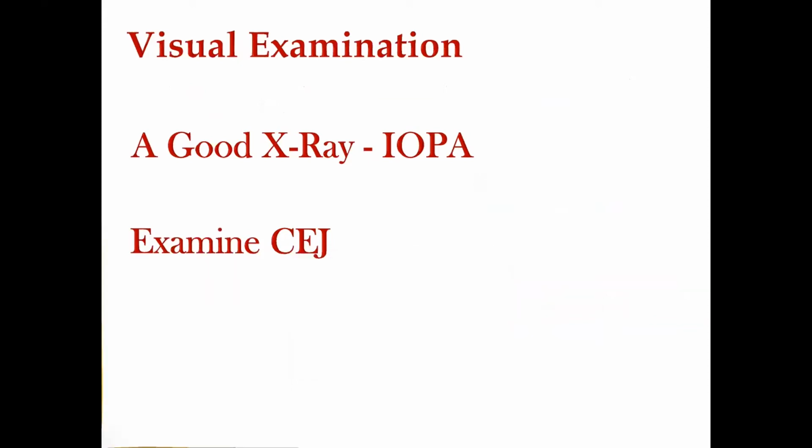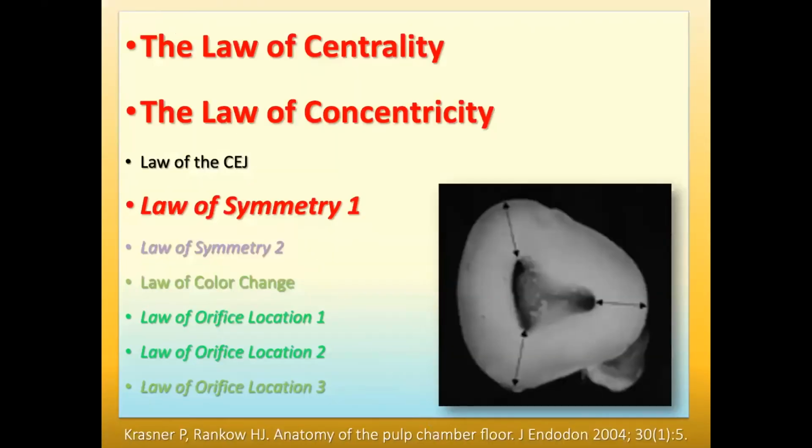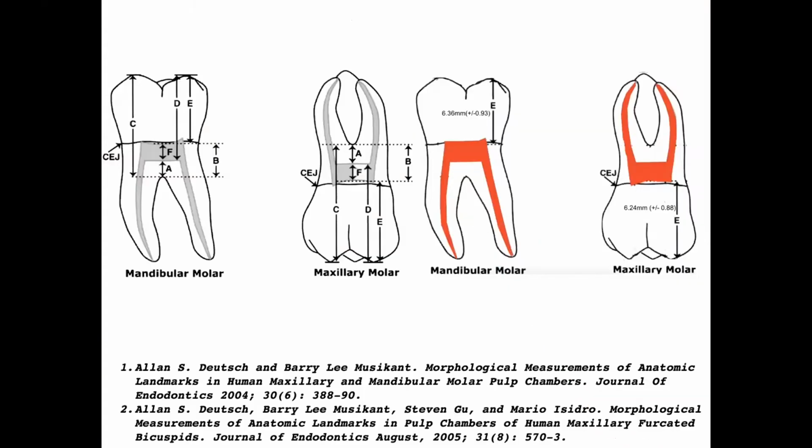This structure bound guide is going to follow a few of the concepts which were previously given. First is the law of centrality, that is, the orifices are located in the center of the canal at the CEJ level, then the law of concentricity, and also the law of symmetry. We are going to follow all these concepts here. Apart from that, studies done by Allen and associates have given us an outline of the length from the cusp tip to the roof of the pulp chamber.